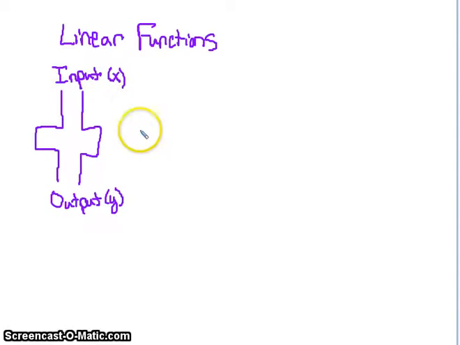Now when we set ourselves up with an input and an output, our linear functions always increase at a steady rate. They have a constant rate.